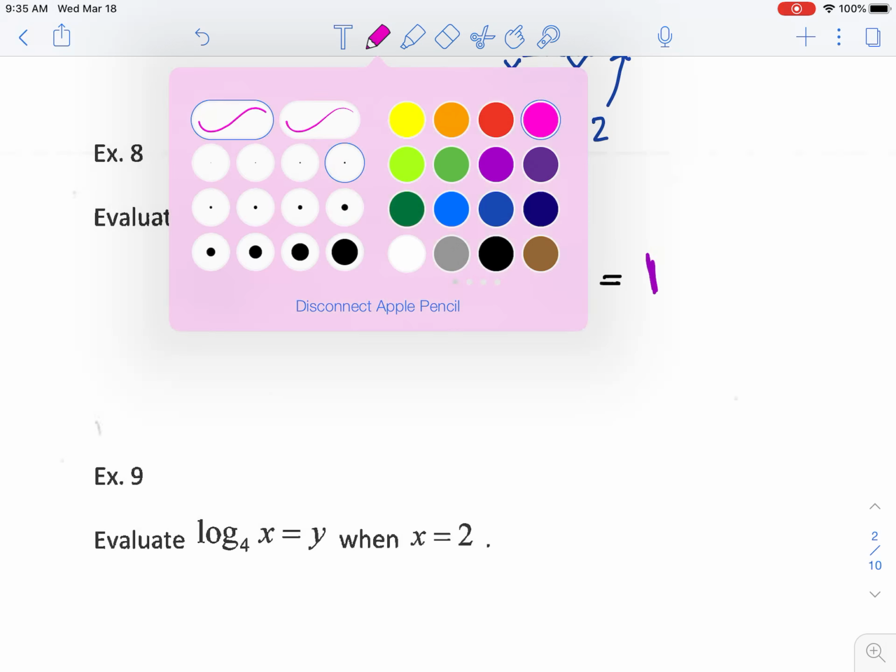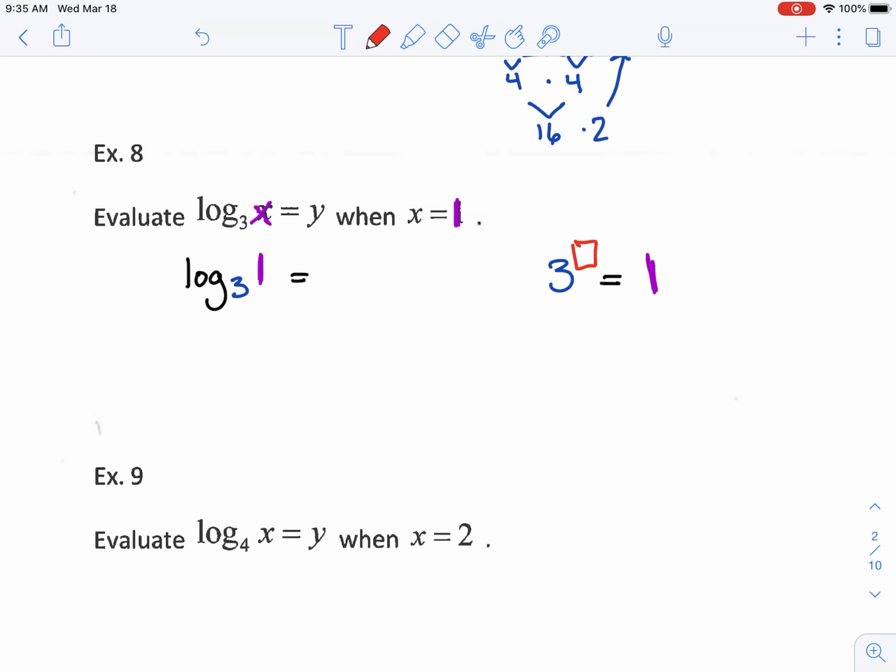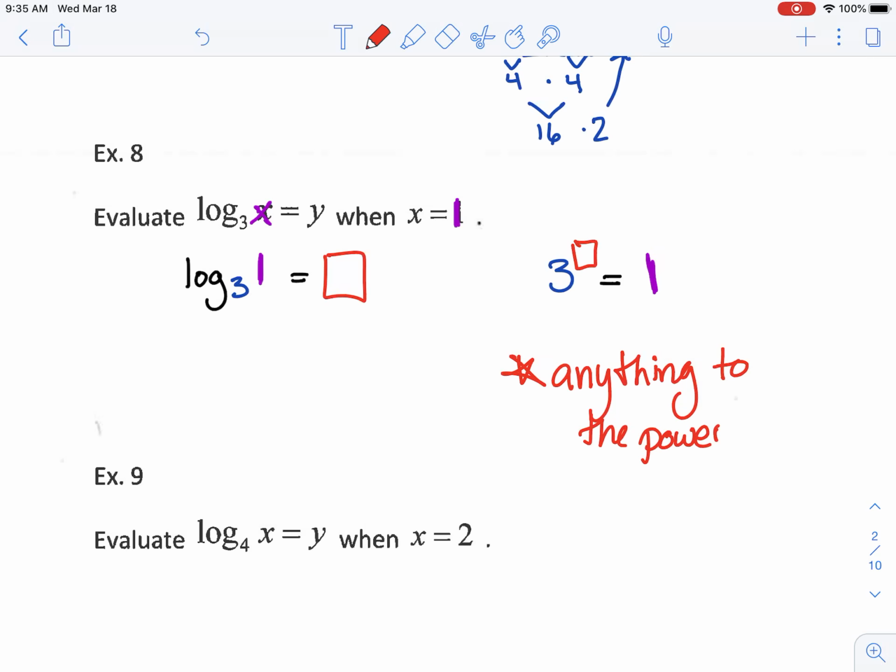So then what's missing is my exponent, or what's right here. And so I need to know, what do I need to do to the 3 to create a 1? And this one's a rule. It's the anything to the power of 0 is 1.